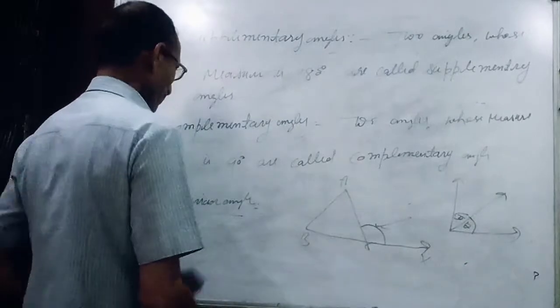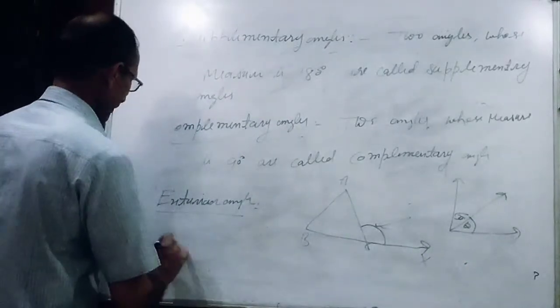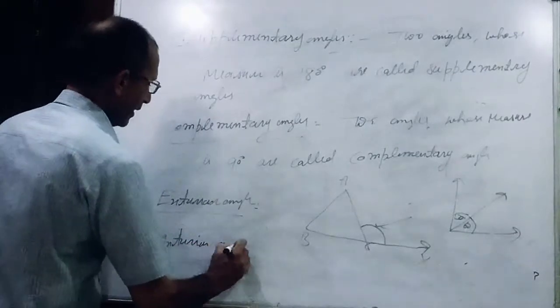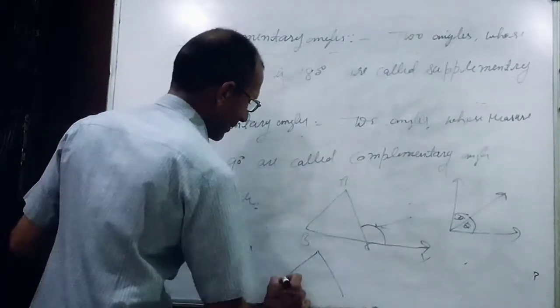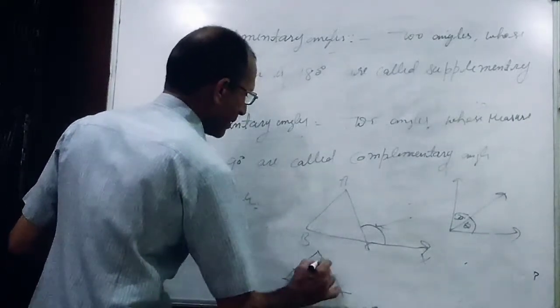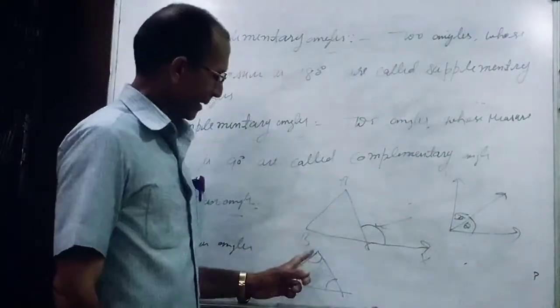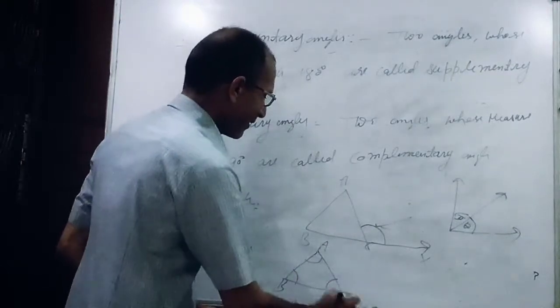Next, interior angles. This is a triangle. The measures of the angles which are lying inside. So ABC is a triangle.